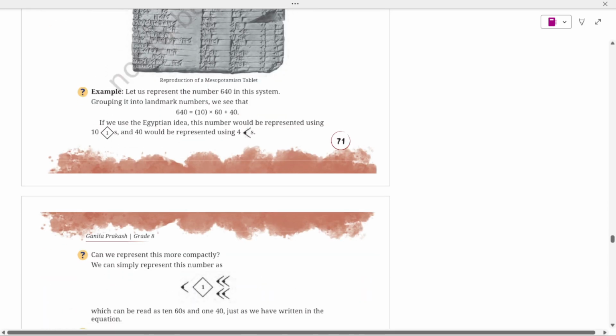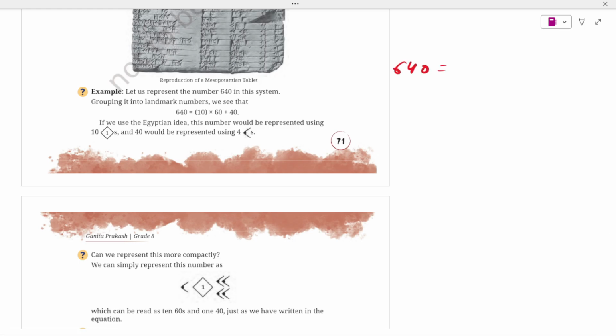So let us represent 640 in this number system. Expansion of 640 will be 600 plus 40. 600 means 10 times 60, because we are converting the system into powers of 60. That's why I have taken the multiply in the form of 60.